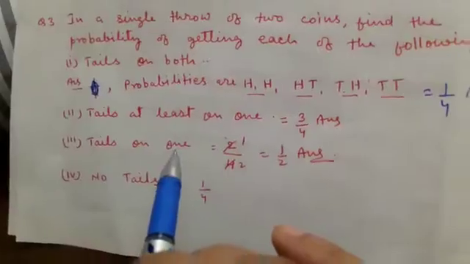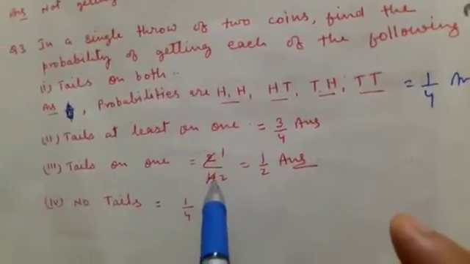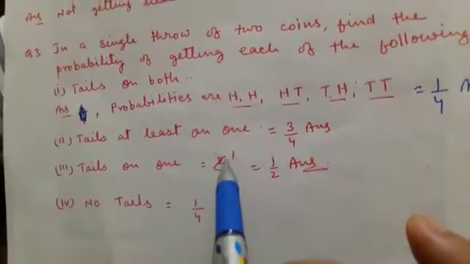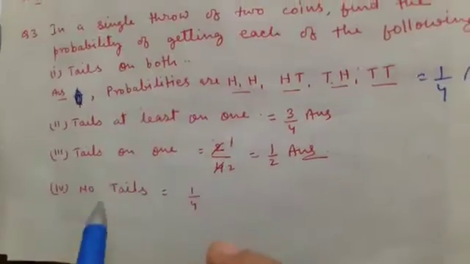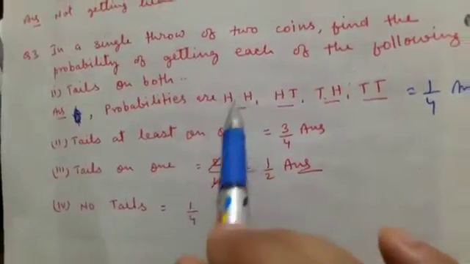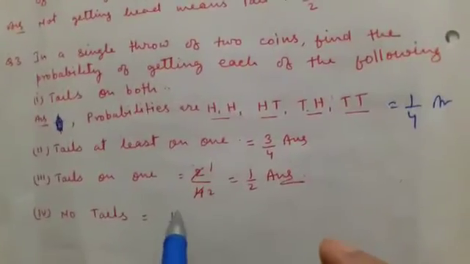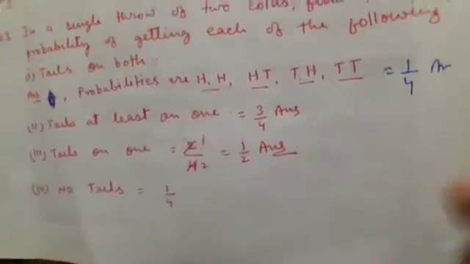Next question is tail on exactly 1. So 1 and 2. So 2 will be the favorable outcomes and 4 is the total possible outcomes. So 2 by 4, that is equal to 1 by 2, is our answer. No tails. No tails means only heads. So 1 will be the favorable outcome and 4 is the total possible outcomes. So 1 by 4 will be our answer.